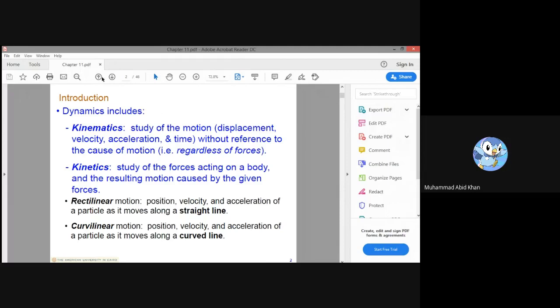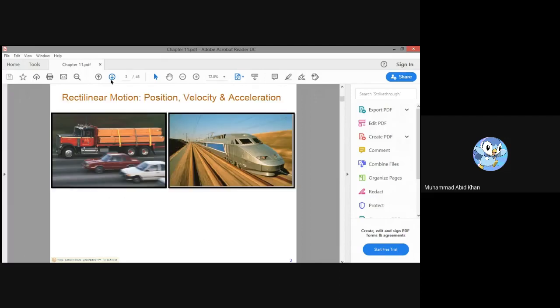Now, as we discussed before, rectilinear motion shows the position, velocity, and acceleration. These examples are very nice.